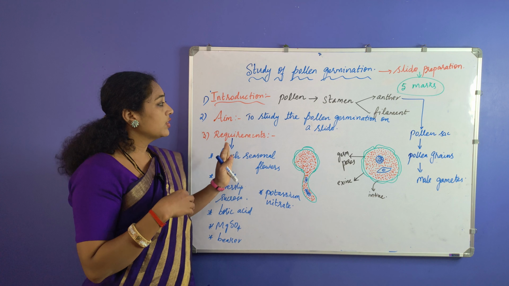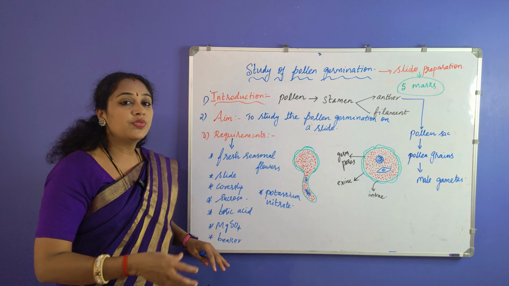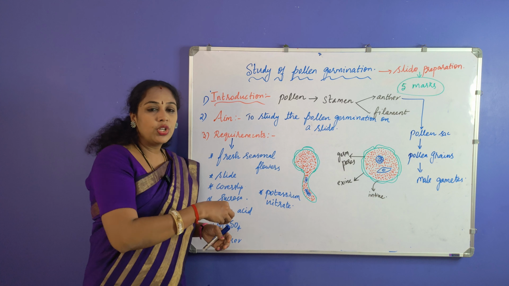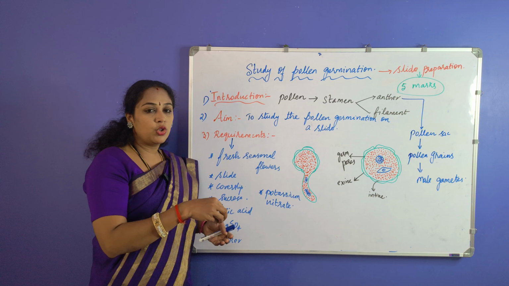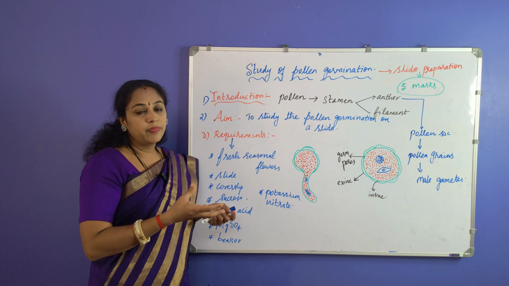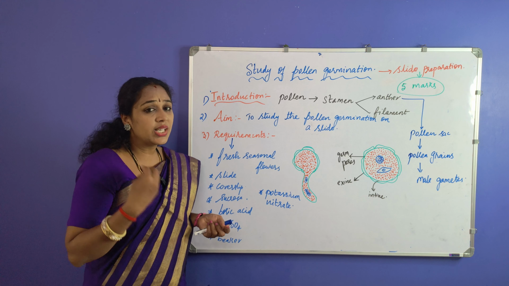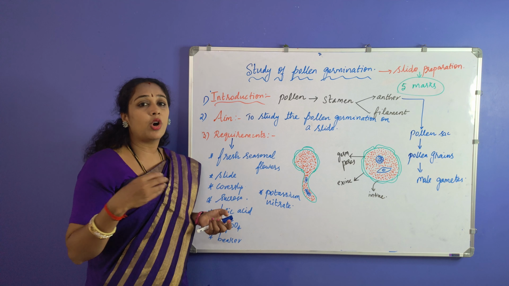So what do we require? This is the basic introduction about the pollen. What we are going to do is create a nutrient solution, and into this nutrient solution we dust the pollen grains from the flower. It could be any seasonal flower, like Vinca rosea or hibiscus.